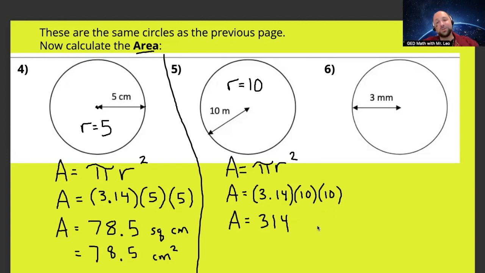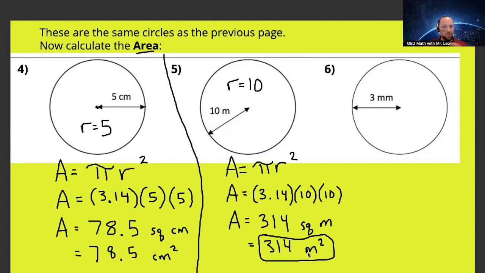And tell me, what are the units? Original question was M for meters. This is going to be square meters because it's area. And again, we could have written this as 314 meters to the second power. Now, please notice, if we write it this way, meters squared, meters with the 2, that 2, that exponent, does not touch the number.